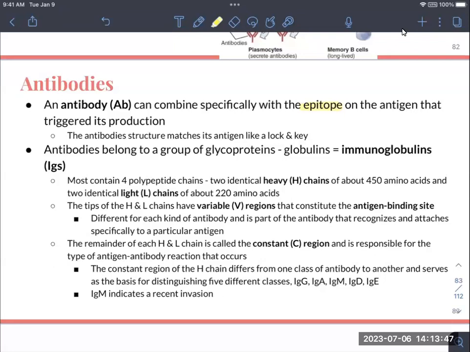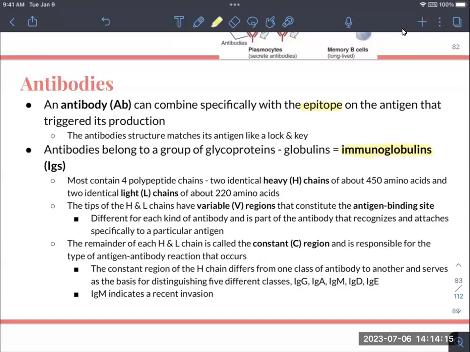Antibodies belong to this group known as immunoglobulins. They're glycoproteins plus globulins. They usually have 4 polypeptide chains. They can be light, they can be heavy. We have variable types, but the main important thing is the different types of antibodies.